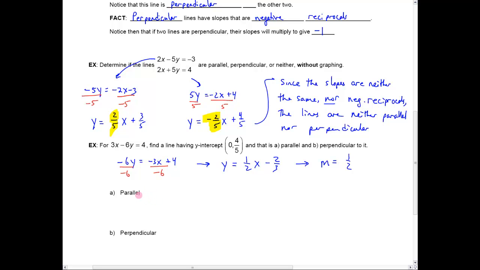So down here, if I want a line that's going to be parallel to this line, I also want the slope to be a half. But if I want the line that's perpendicular, then I want the slope to be the negative reciprocal. So I want that to be -2/1. So I flip it over and put a minus in front of it. In both cases, I want my y-intercept to be 4/5.